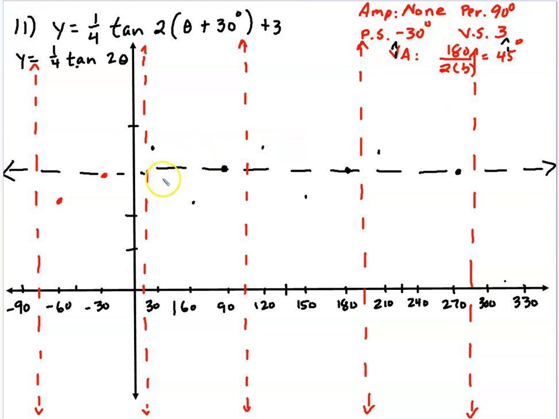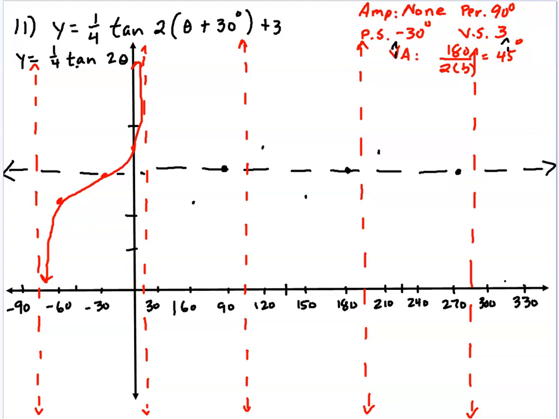And for this one, it's right at 30, so left 30 degrees is going to put it right there. All right, and so you can kind of see how that curve is going to take shape. Kind of ugly, but I think you get the picture.